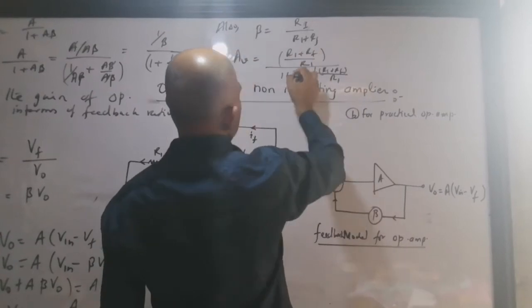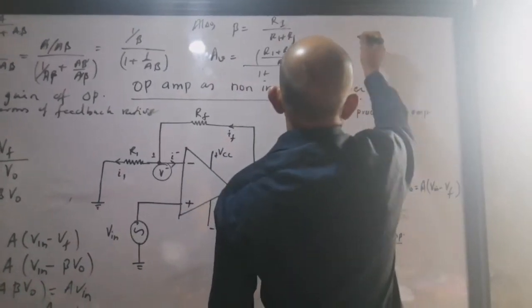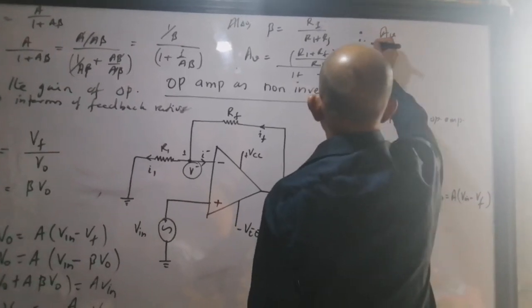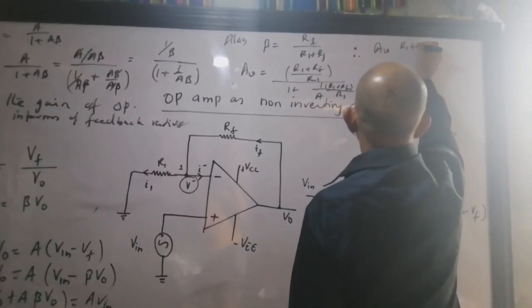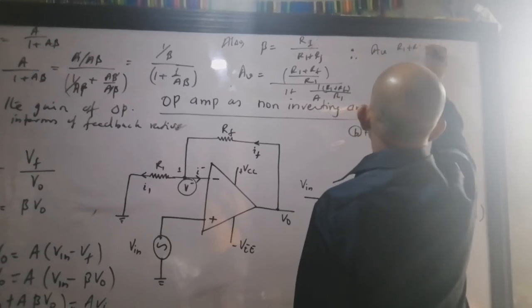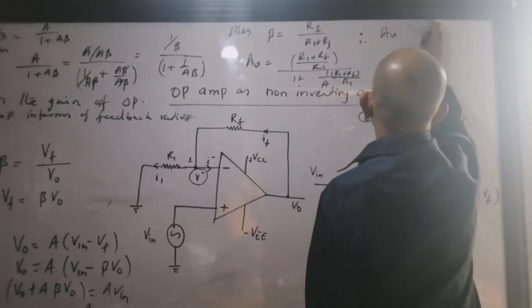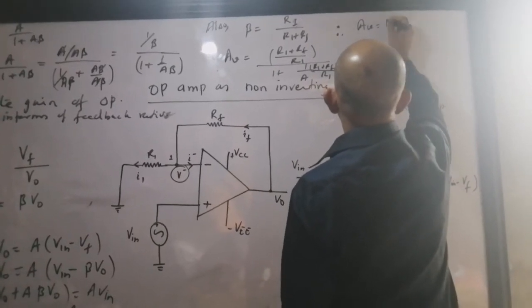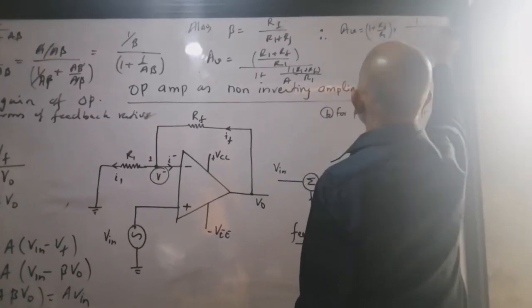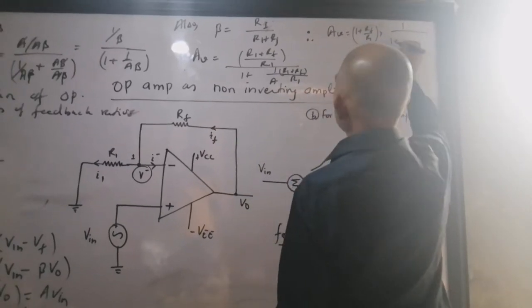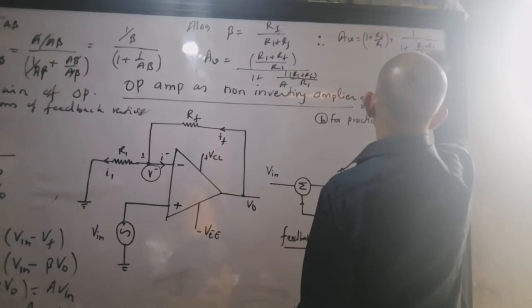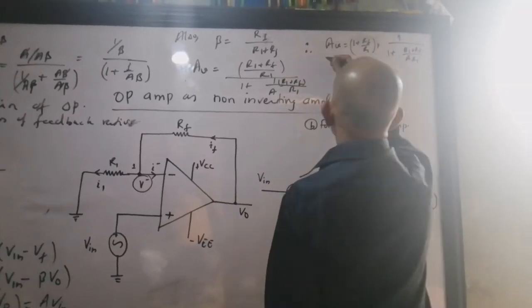So this will be our gain in terms of circuit parameters. So what is our gain? The gain equals 1 plus RF by R1 times 1 upon 1 plus (R1 plus RF) by A R1. So this is the actual gain.